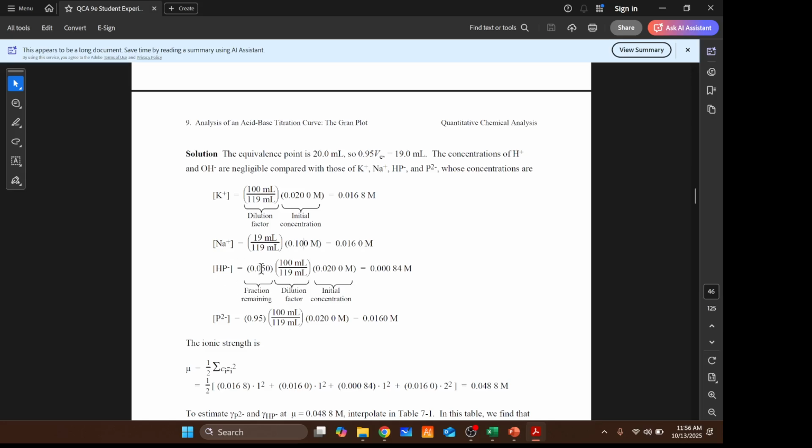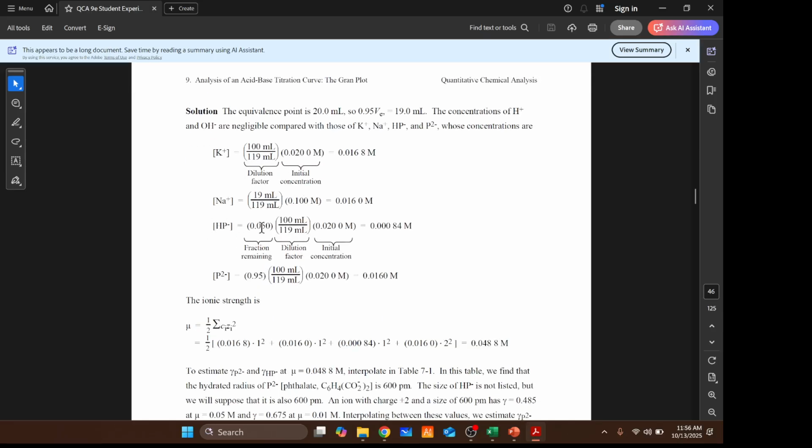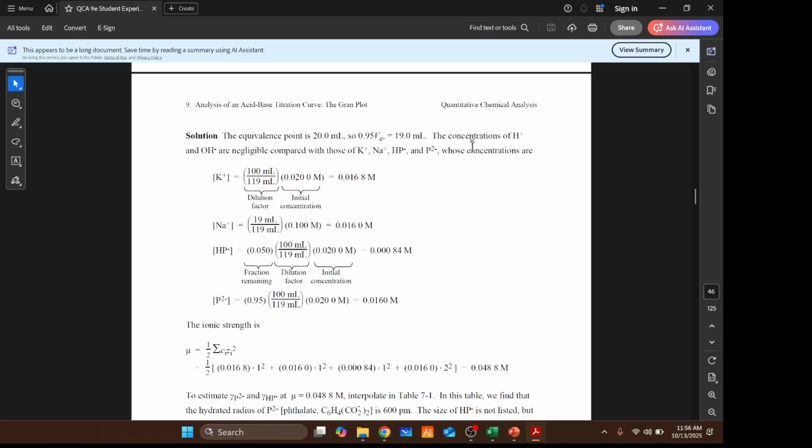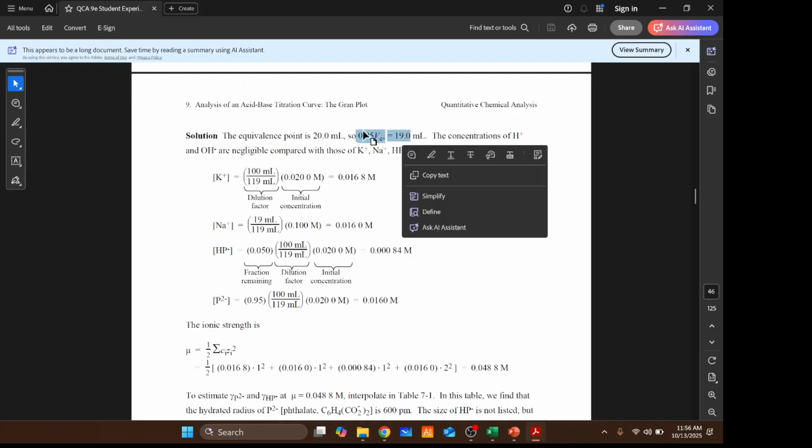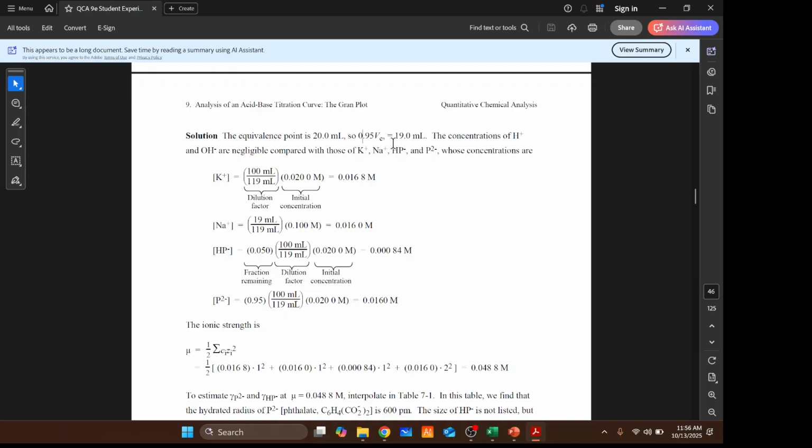Okay. So the next part we have to do is figure out the base versus the acid, right? And remember, that is that fraction remaining. Everybody remember that formula? How close we are to our VE? So we're going to be at 0.95 of our VE, that point right before it.